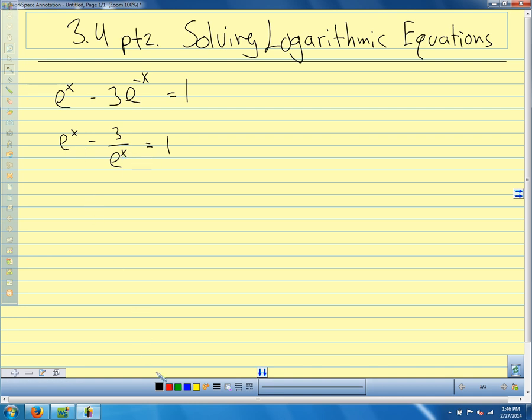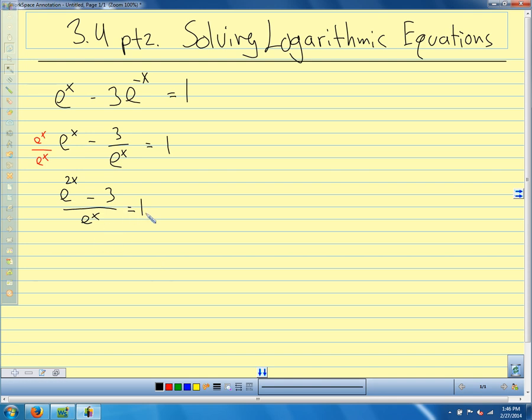So to find a common denominator, I'm going to multiply this by e to the x over e to the x, and I get e to the x times e to the x is what? E to the 2x, x plus x is 2x, minus 3, all over e to the x, equals 1.